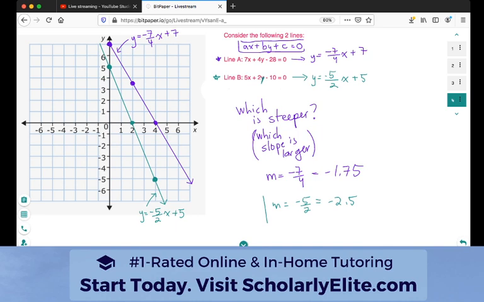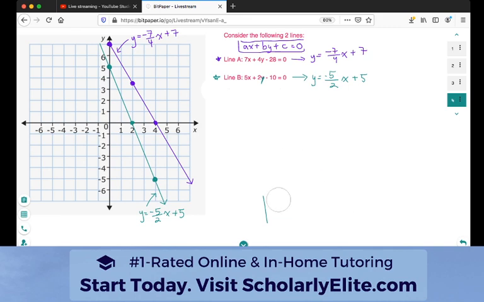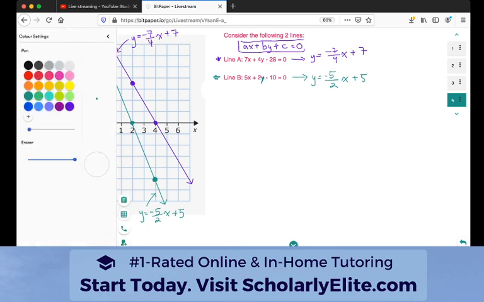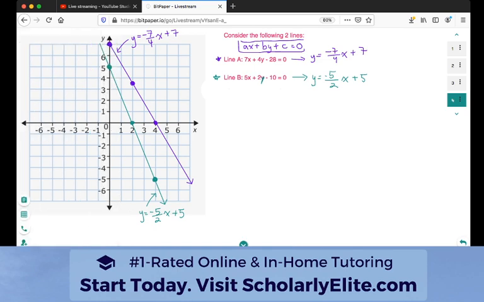So again, a couple things that we talked about today, guys. Very, very important things for us to remember. When we are converting from one format to the other, when we're converting from this format, which is our standard, Ax + By + C equals 0, to y equals mx plus b, literally all we're doing is just rearranging this thing.